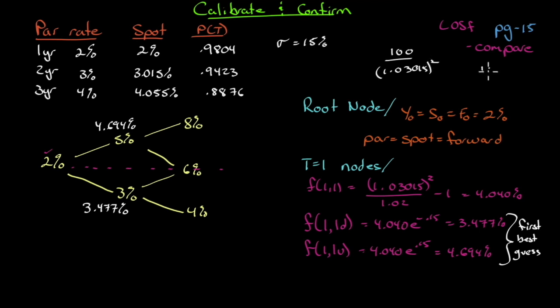Or we can get to that price by taking 100 and dividing it by 1 plus R1 multiplied by 1 plus F11. Well, that's what these two are, except we need volatility in here. So that's what we're introducing, right? So this should recover the 2-year spot rate.